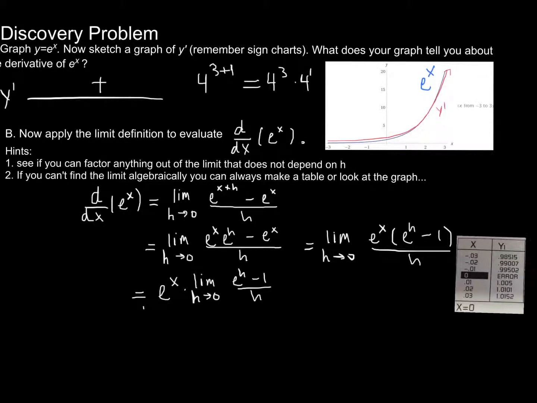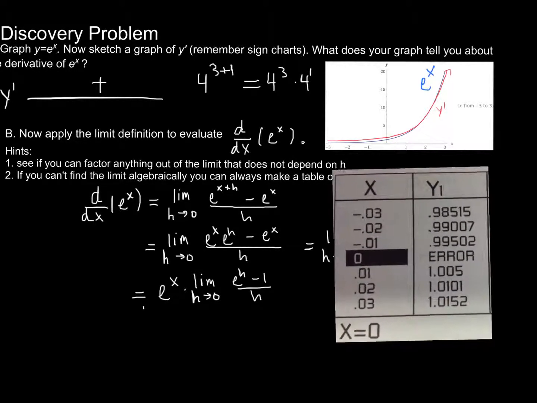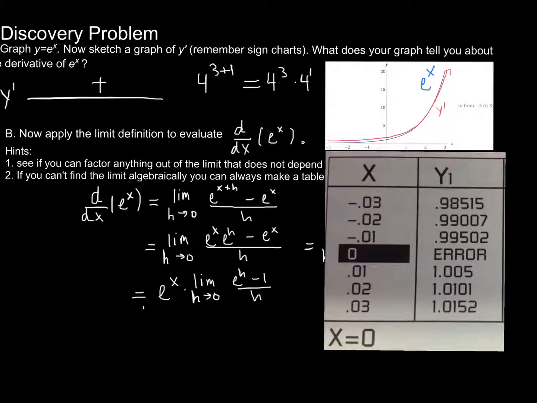Okay, so the first thing I did was I made a table of values, used my calculator here, and y here represents the value of e to the h minus 1 over h, and x represents the value of h, just in case you're wondering. You can add that to your notes if you need. As I'm approaching 0 from the left side with negative numbers, these are the y values that I get.